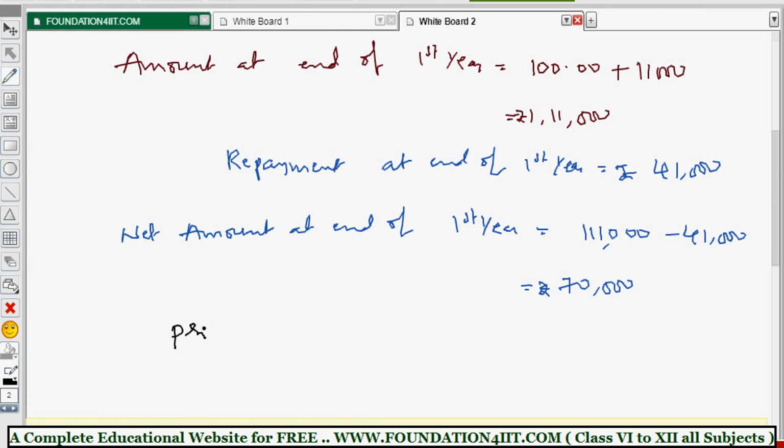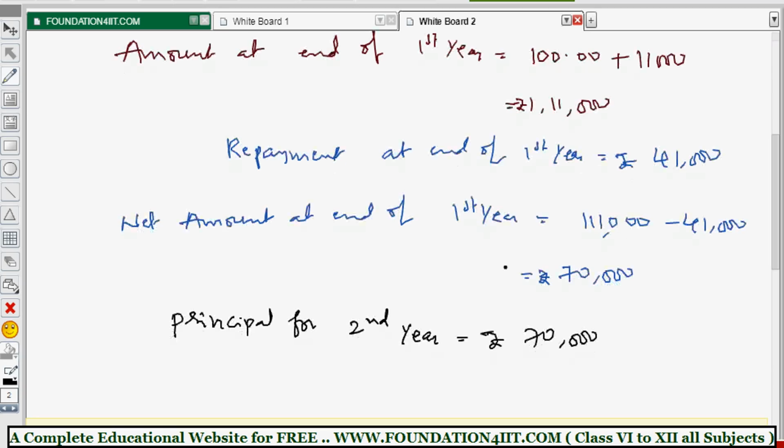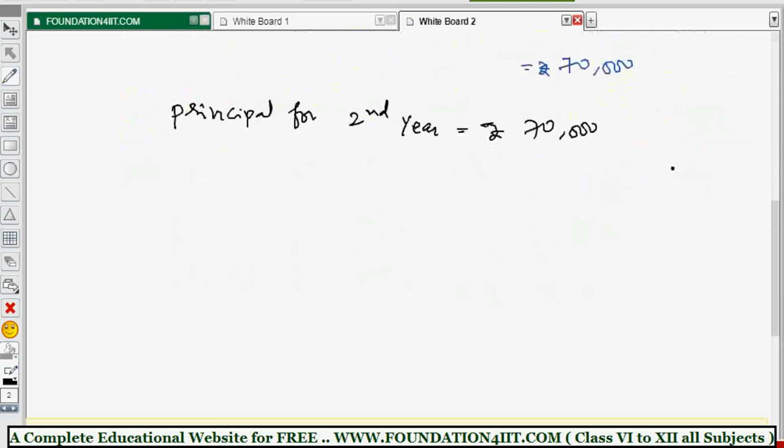That means principal for second year is the net amount which is balance. That is rupees 70,000. Right. Now for this you'll find out the interest for second year. Now, so interest is same for second year 11% per annum.